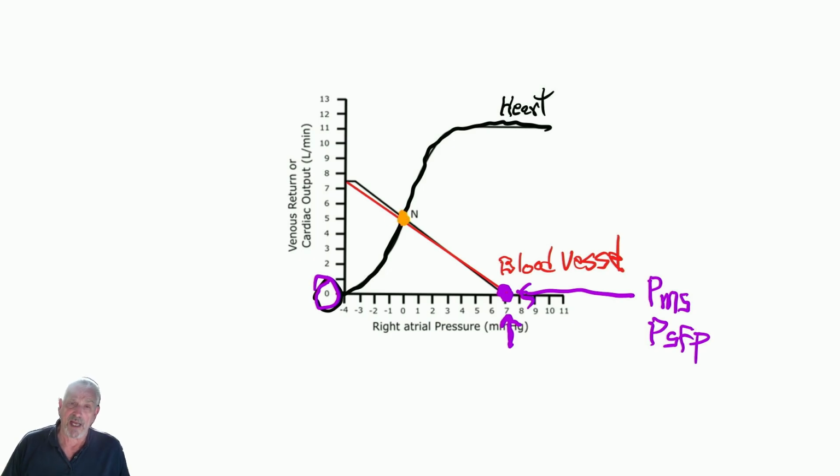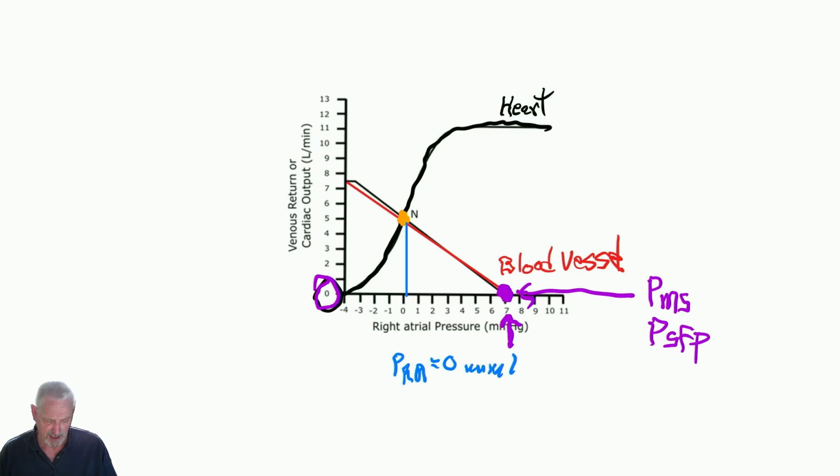And so what we know is the heart and the blood vessels, where they cross each other, represent the actual operating point. And we can take this intersection point here, and we can look at what the actual values are. What we see is that the right atrial pressure is very near to atmospheric pressure, or 0 millimeters of mercury, in a textbook value for a normal heart.